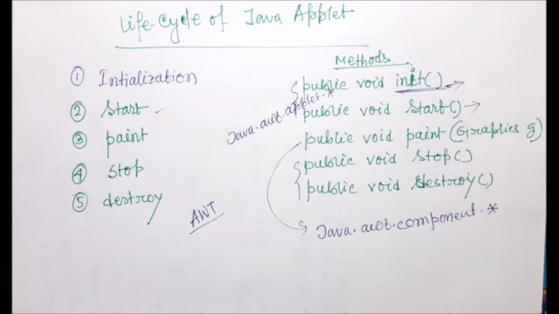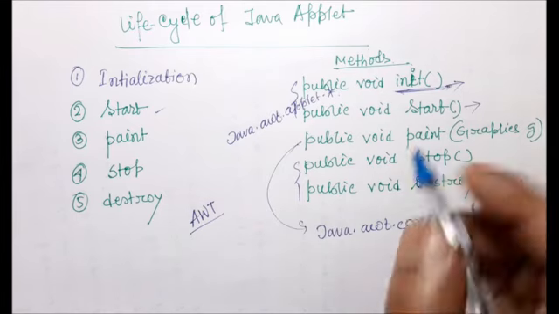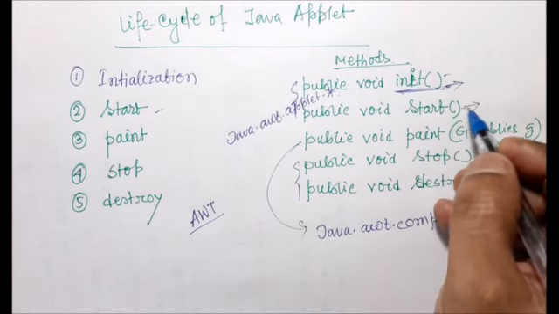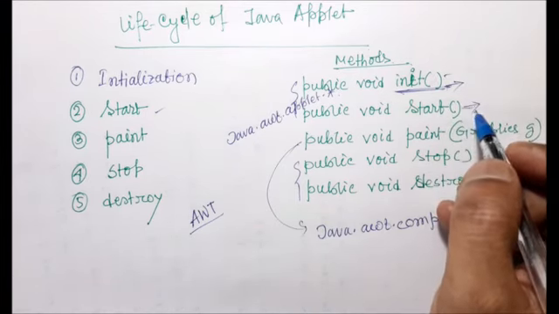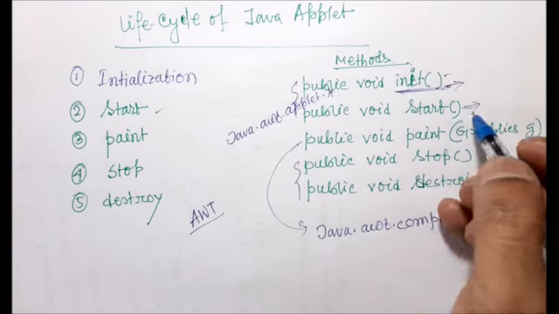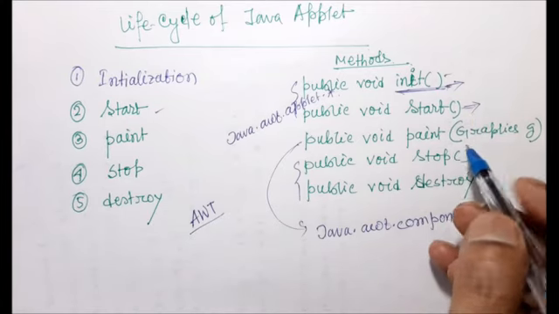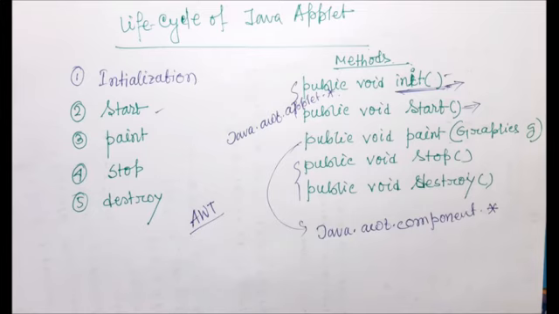Whatever the cause, whenever the applet must be redrawn, the paint method is called. So init is called only one time, paint is called more than one time, and we can say that the paint method is used to display output in our program.